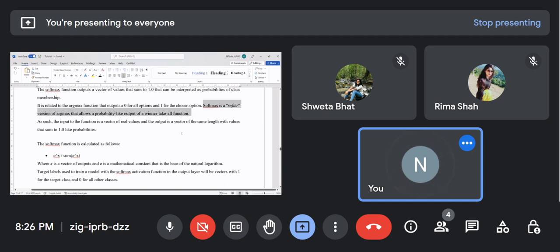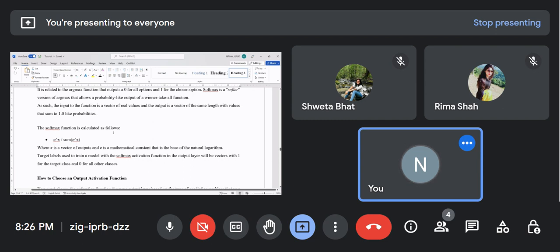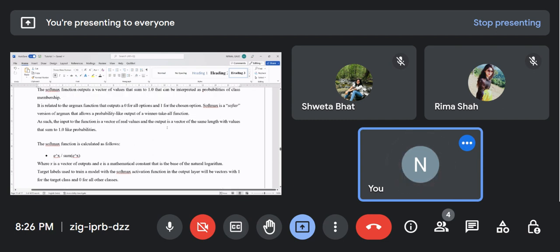Winner takes all. Here the input of the function is a vector of real values, and the output is a vector of the same length, and the outputs are probabilities that sum to one.